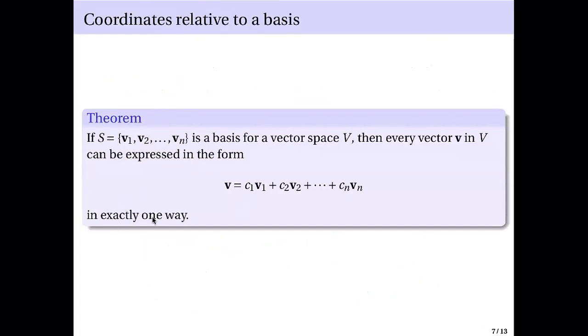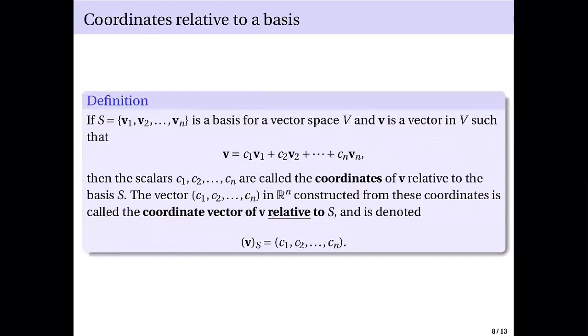Because there's only one way to write any vector using the basis elements, we will collect these coefficients, C1, C2, Cn, and we will write them into a vector form.